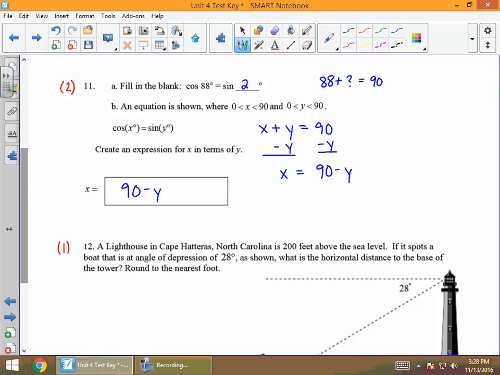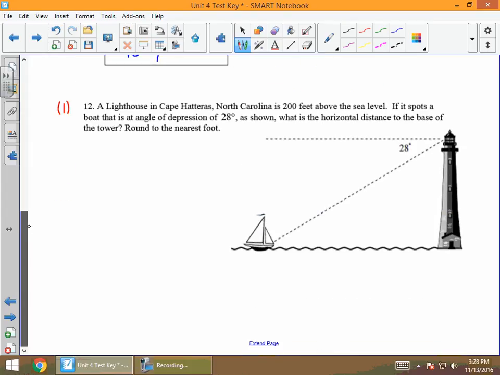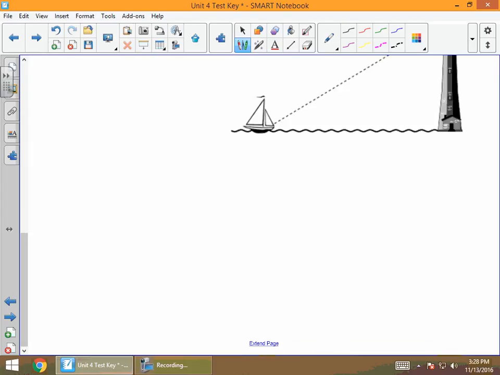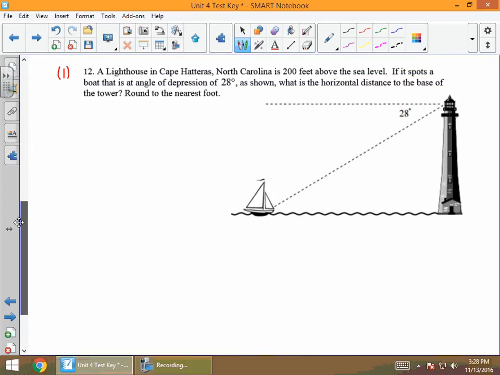And then number 12. Number 12 has a picture down here, and it says a lighthouse in Cape Hatteras, North Carolina. It's 200 feet above sea level. So I know this. I'm going to make this triangle. So let me put in this side. This is 90 degrees.